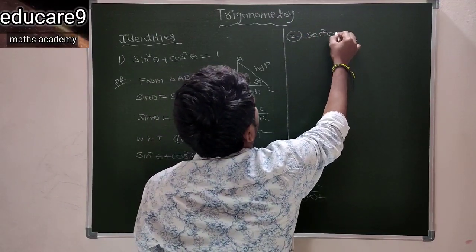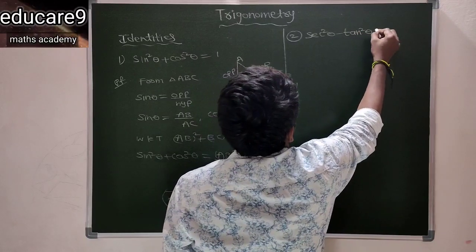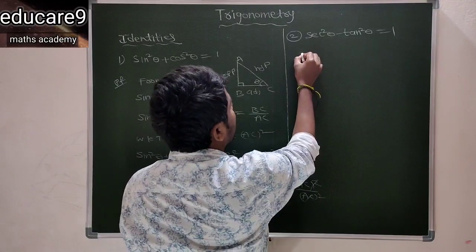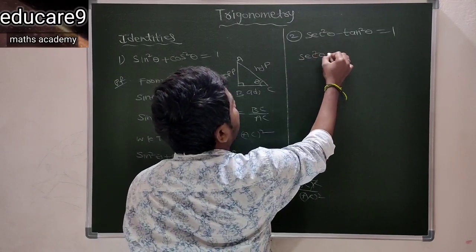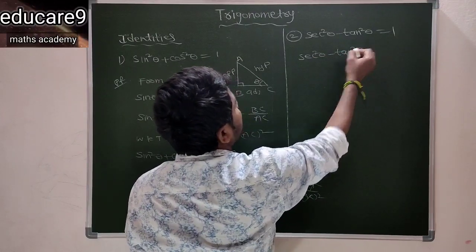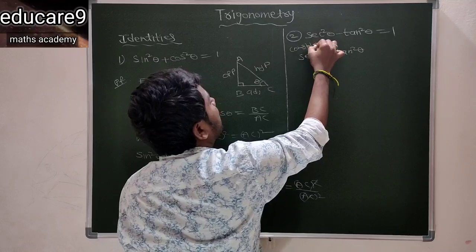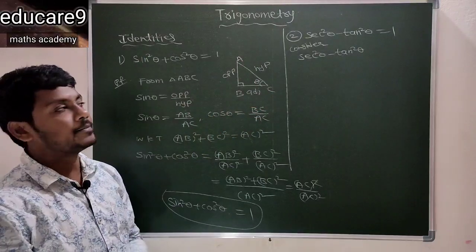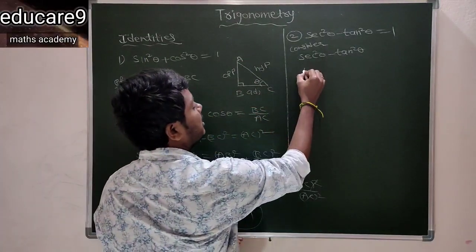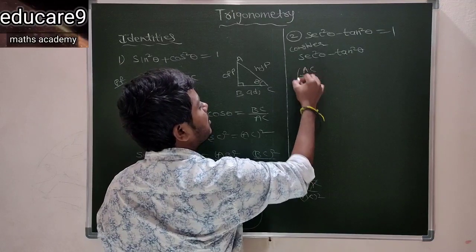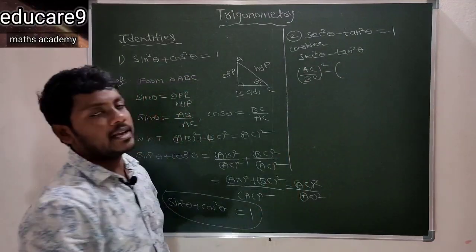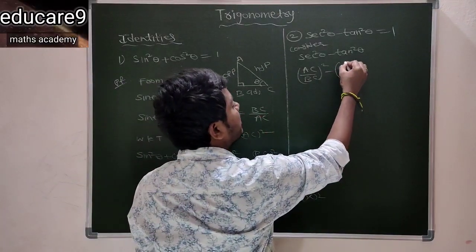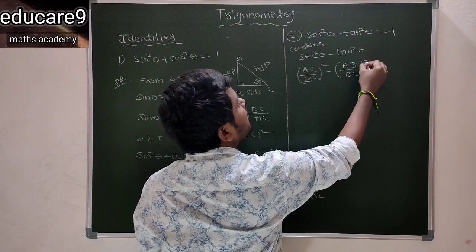Sec square theta minus tan square theta is equals to 1. Okay. See here. First one, consider LHS, that is sec square theta minus tan square theta. So you know the sec theta ratio, that is hypotenuse by adjacent side, that is AC by BC whole square, minus tan square theta, that is opposite by adjacent side, AB by BC whole square.